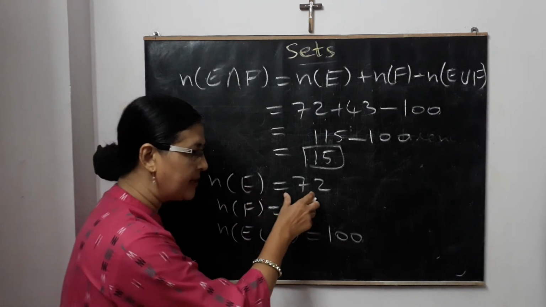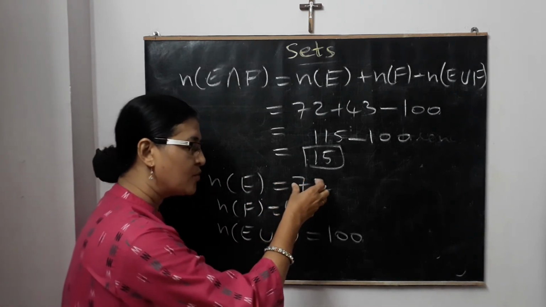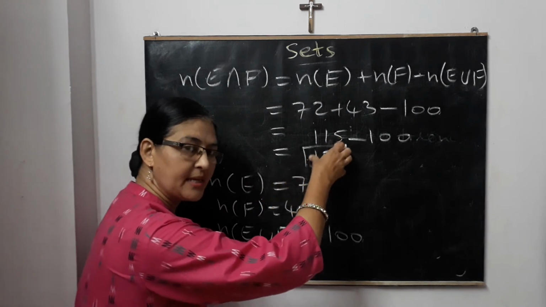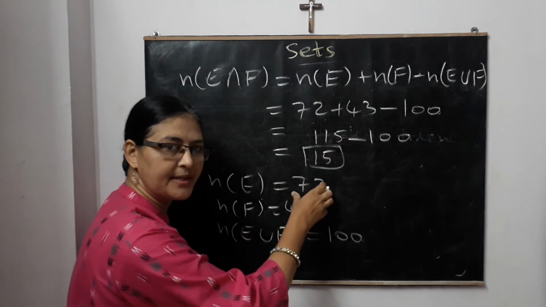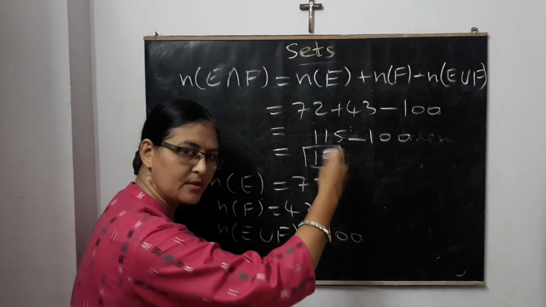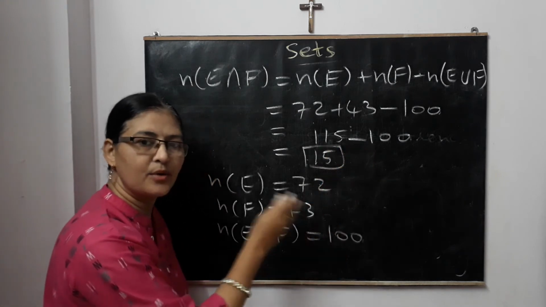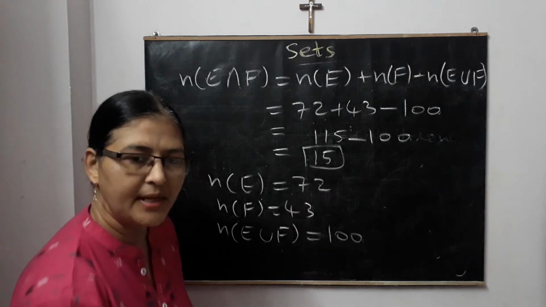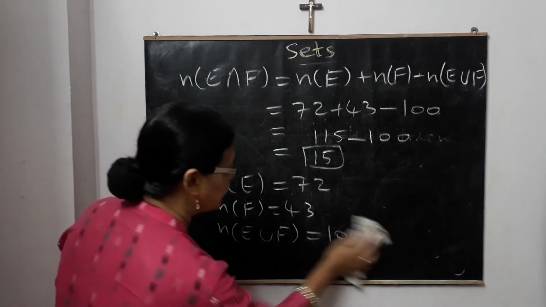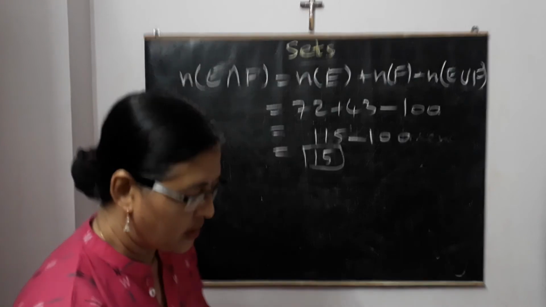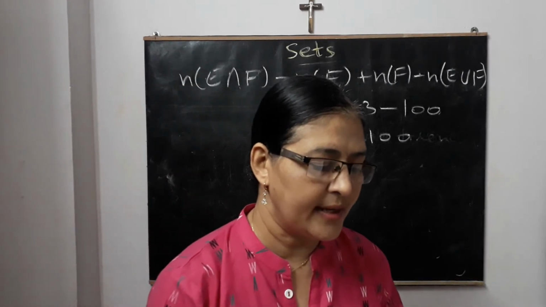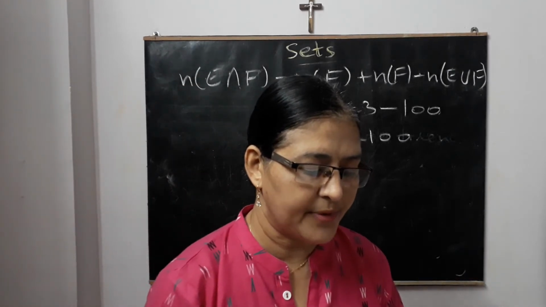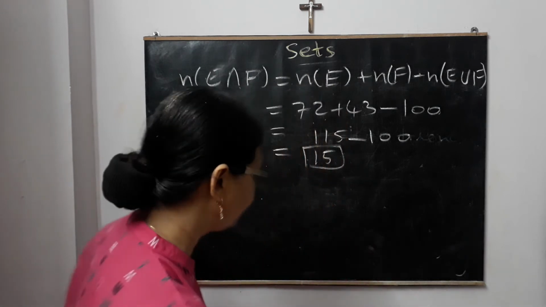These are all English, meaning those speaking only English and those speaking English and French, counting them, that is 72. So from 72, if you remove 15, you will get the answer for only English. And from 43, minus 15, you will get only French. That is the next step they have asked: how many speak only English and how many speak only French.